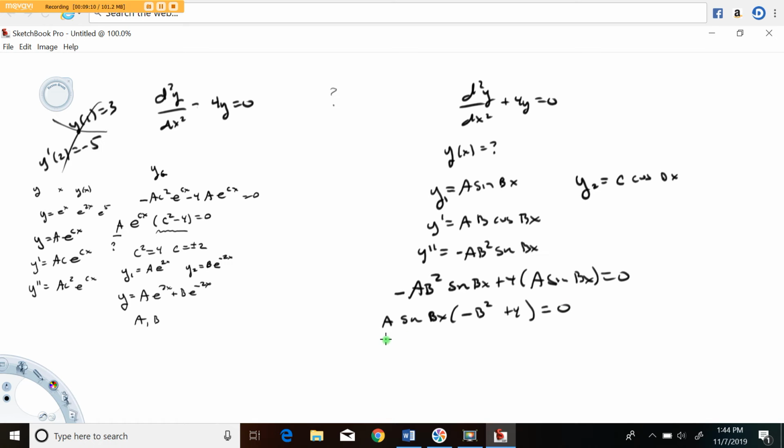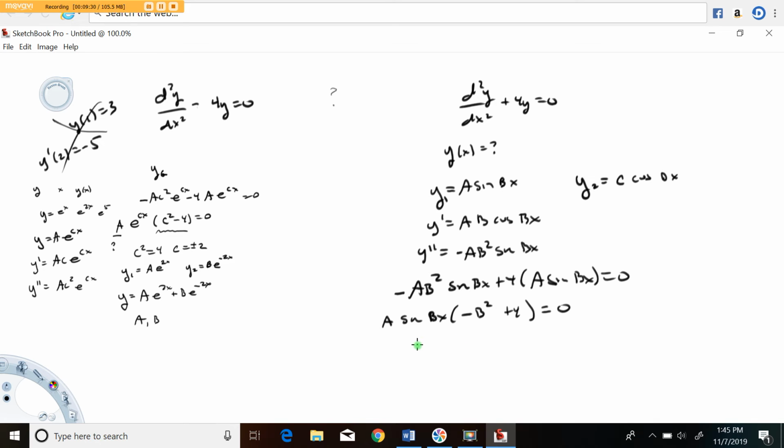Now, we take a look at this thing, we say to ourselves, can a equal 0? And the answer is no, because we would be down to the trivial solution. Sine of bx is not always equal to 0. It can be at specific values of x, but it's not always.